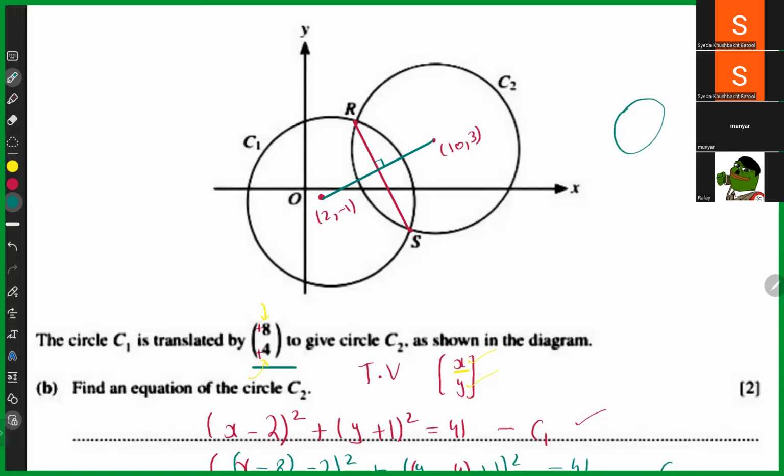We have a circle, and then another circle, and you need to find the equation of this part, and you know the two centers. This is center one, this is center two. When you connect these two centers, the yellow line is always going to be the perpendicular bisector of the red one.